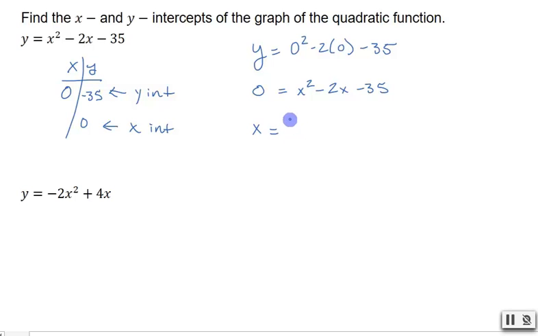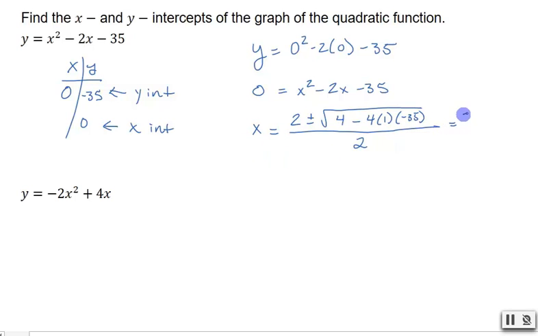So x is going to be the opposite of b plus or minus the square root of b squared minus 4 times a times c, and that's all over 2 times a, 2 times 1.